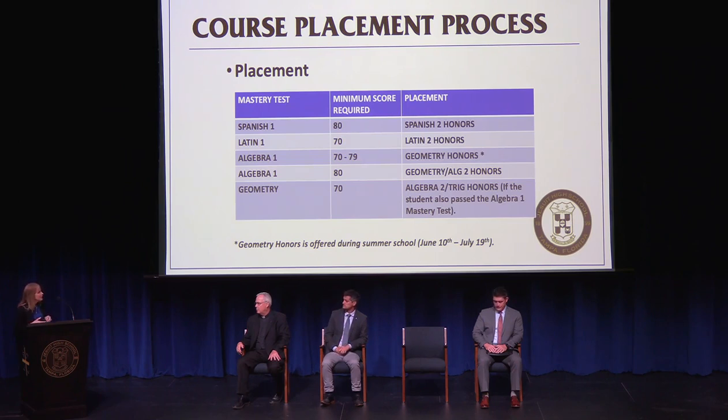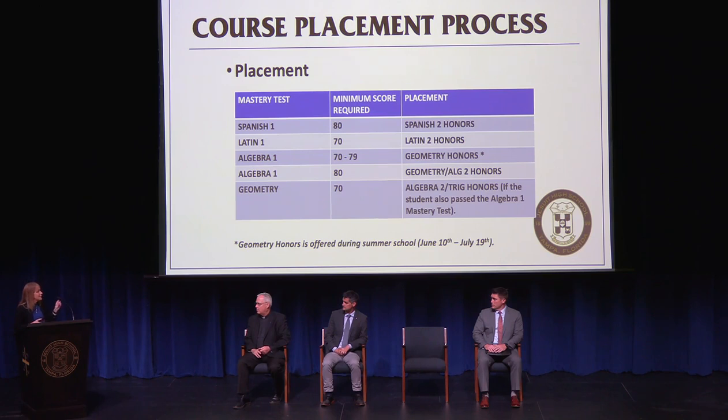And then Geometry, if he takes the Geometry and passes, and he passed the Algebra, then he is moving into our junior level course, which is Algebra 2 and Trig. If he doesn't pass the algebra but passes the geometry, which is actually kind of common for those who've taken geometry, geometry is a smaller amount of information, so the students tend to do better on that, plus it's fresh because they're usually taking it as 8th graders.